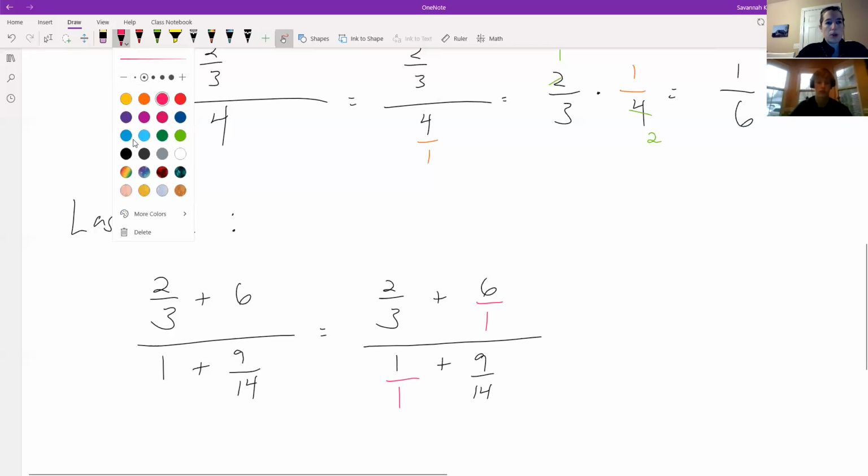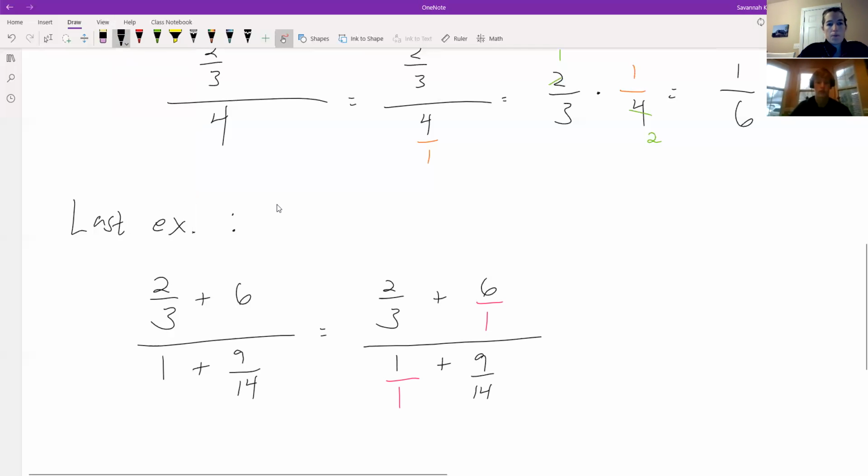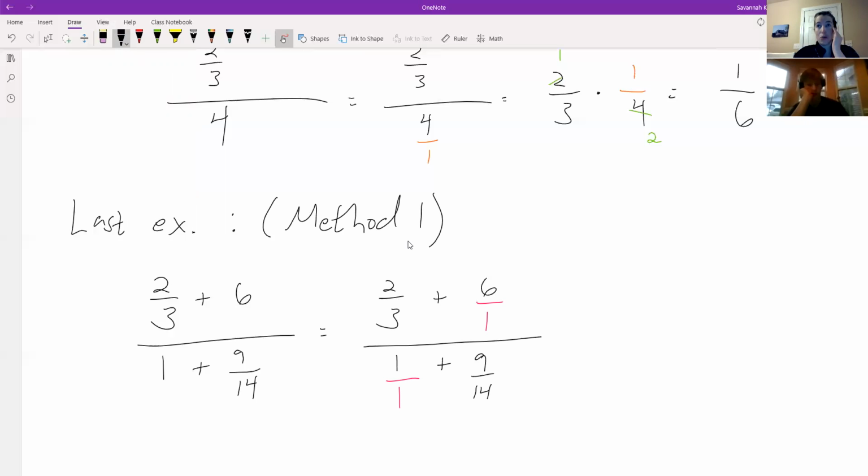Okay, now this example here, this is what I was referring to when I said method 1 and method 2, and that's not actually my terminology. It's just the way most algebra books call these methods. Not very descriptive, method 1 and method 2. So this is going to be an example of method 1.